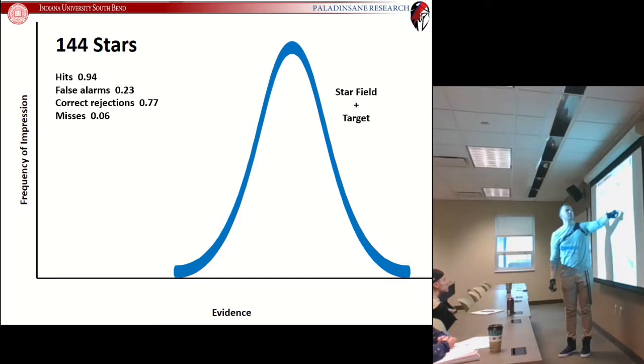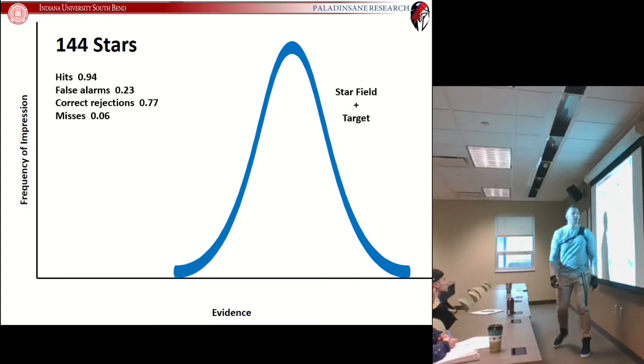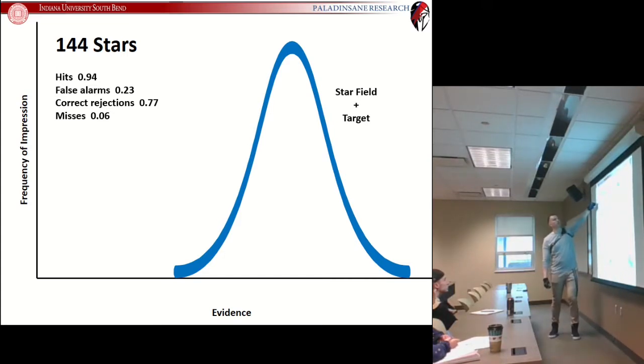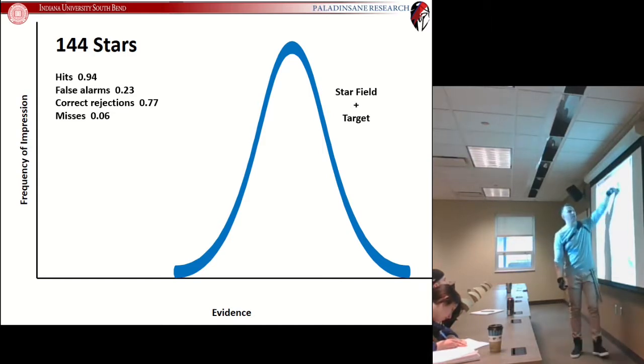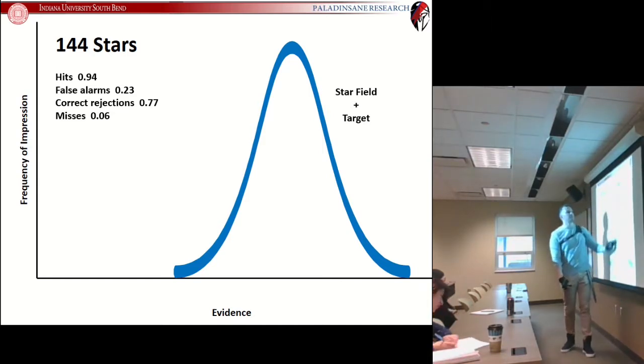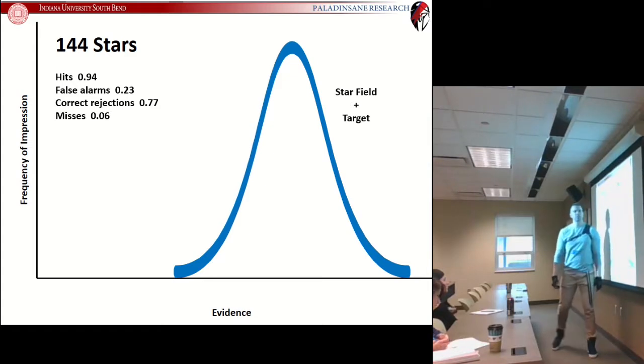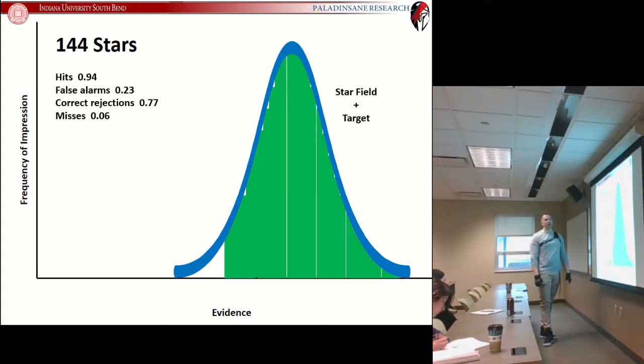So the star field is the noise, the straight line is the target, and on this 144 star condition, 94% of the time when the target was there, we correctly said yes, the target is there. That means 94% of this star field plus target distribution, we got correct.